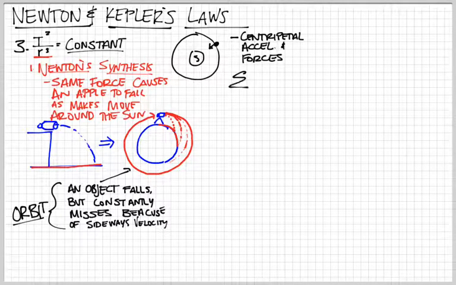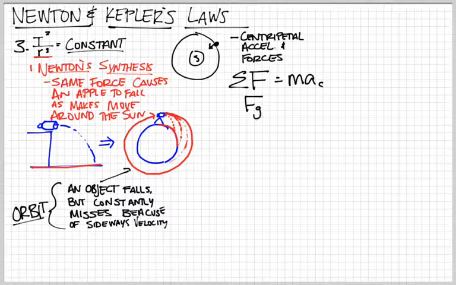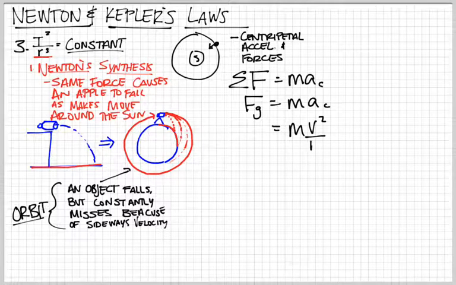So the net force is equal to mass times the acceleration of the object. That's a centripetal acceleration. And this force Newton called gravity. That was equal to mass times centripetal acceleration. Now, we know that centripetal acceleration is v squared over r.